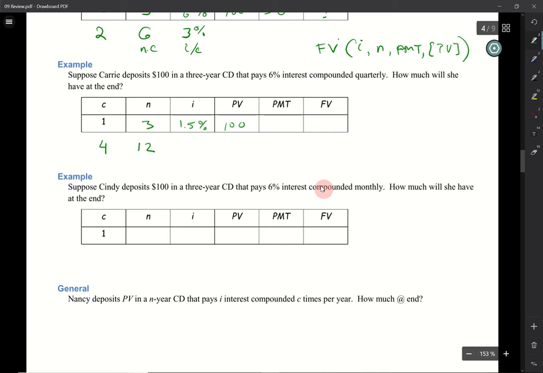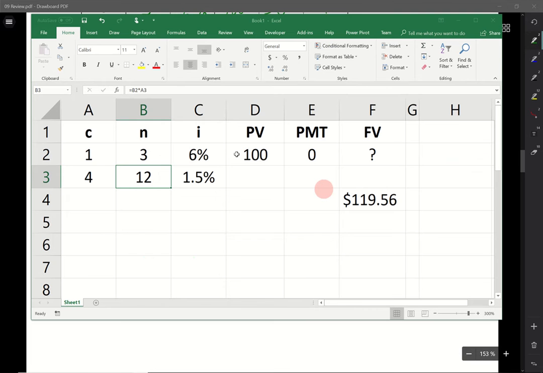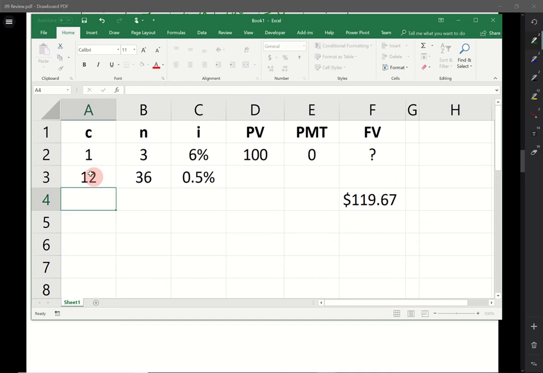compounding monthly, right? Basically, we have 12 out here, and so now the 3 annual periods becomes 36, right? 6% divided by 12 is 0.5%, and then the others are the same. In Excel, all we have to do is update the 12, and so this converts now to 36.